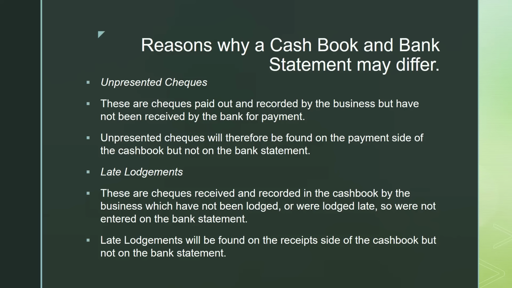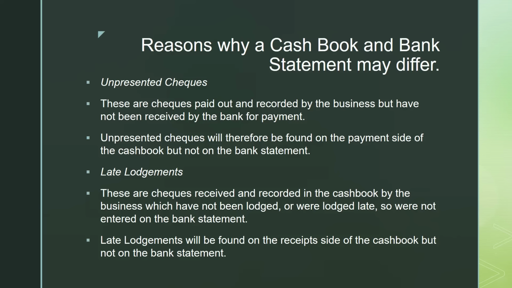But let's say I transferred it on the last day of the month, from my FCB, my First Citizens account, to my Republic Bank account, from one bank to the other, and it takes a day to process it. Would it be in my bank statement for that month? No. So it would be in my cash book, but it would not be in the bank statement.